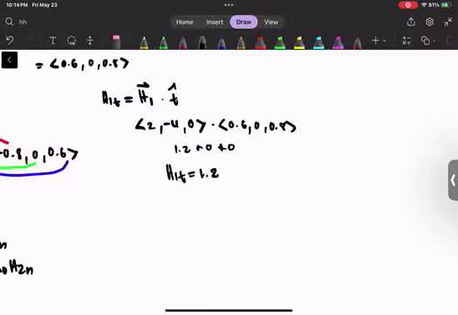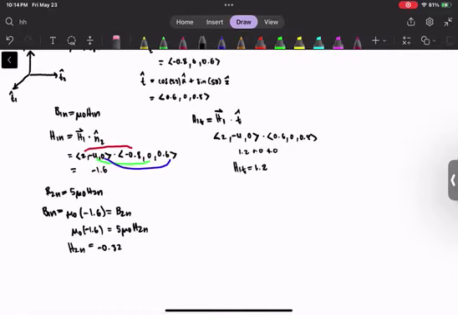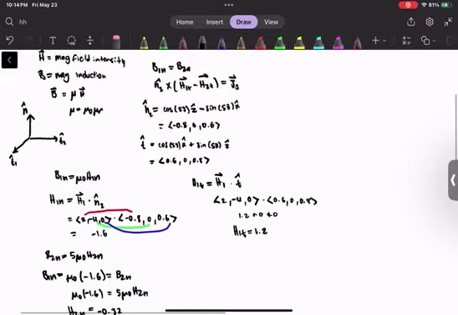Okay, so we have B1n, H1t. Now we're going to use the equation for our surface current to find H2y and H2t. These are the tangential components needed to solve for H2 in Cartesian coordinates.